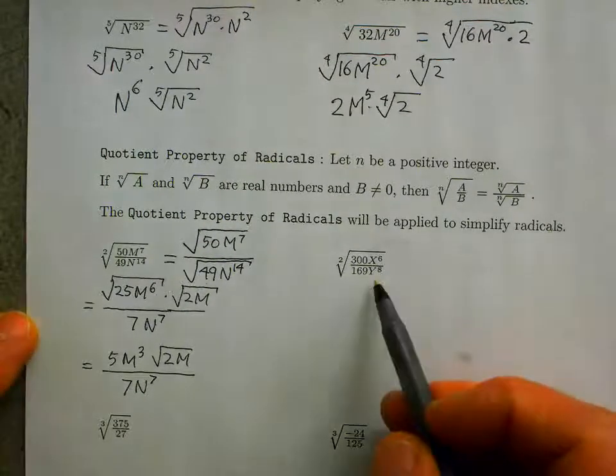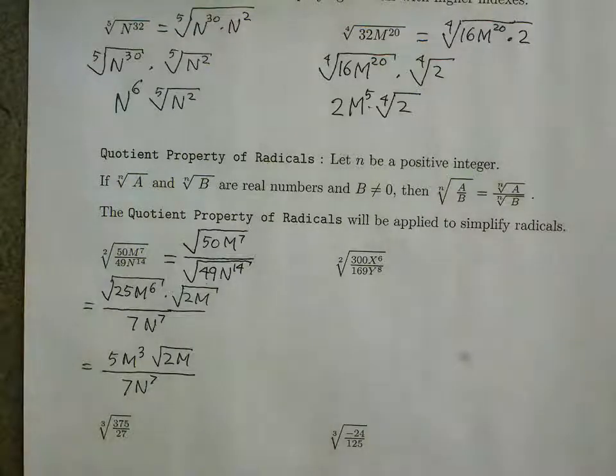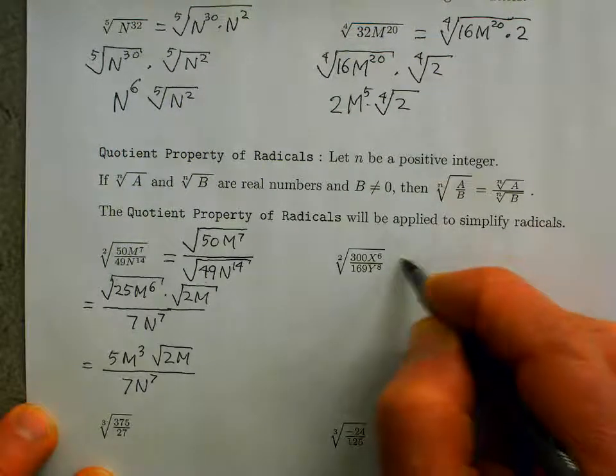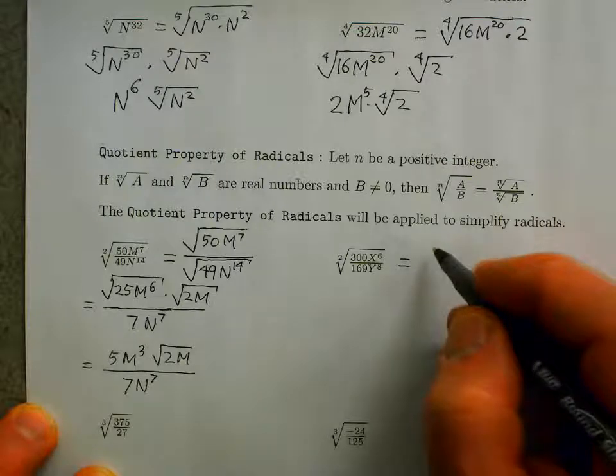Okay, the next one: simplify the square root of 300x to the 6th divided by 169y to the 8th. Let's write it as a quotient of square roots.